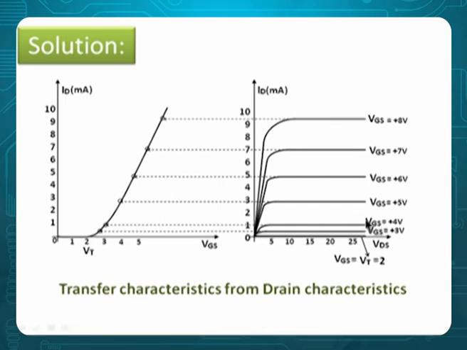For VGS 3, VGS 4, take different values and draw this curve. What is the minimum value? 3. That means at 3 you are getting some current. For 4, for 5, for 6, for 6 the current is 5. Like that you can put these values and draw the transfer characteristic. That is called transfer characteristics from drain characteristics.